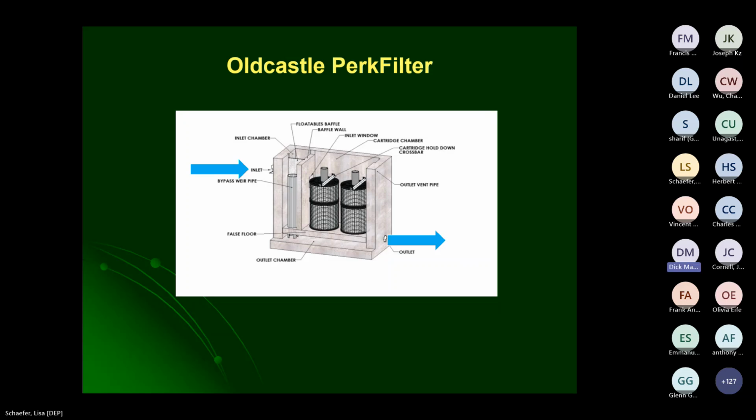Interesting, most of these devices are designed so that probably 85 or 90% settles out on the floor, and only the polishing occurs through the actual filter itself. If not, you would be plugging your filter up too quickly and you'd have a maintenance problem. Next slide.